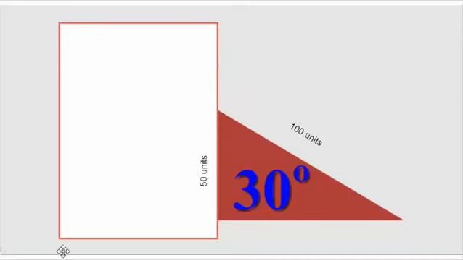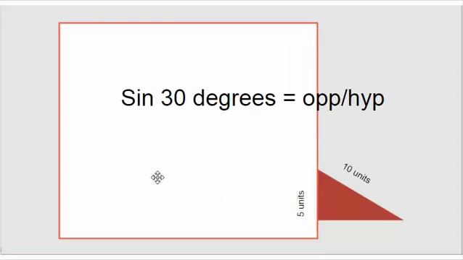So if I went to 50 units over here, the length of our hypotenuse would be 100 units for all 30-degree right triangles. I chop it off a little bit more, and this is still 30 degrees here in my sketch. It's not a perfect 30 degrees, I just sort of sketched it out there. And so we have 5 units, and then the hypotenuse would be 10 units.